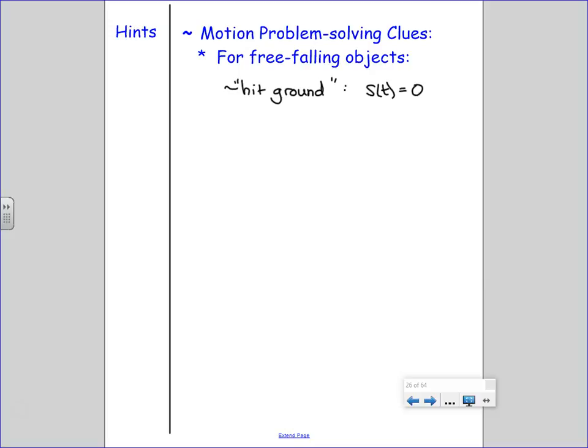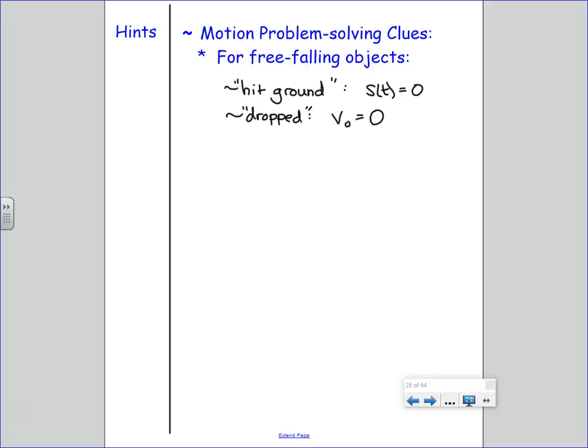If you see something like dropped, if it's dropped, not thrown, its initial velocity is going to equal 0. Now, this could be seconds, this could be hours, feet per second, miles per hour. Just depends on the situation.